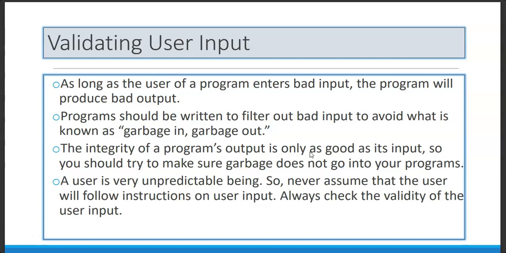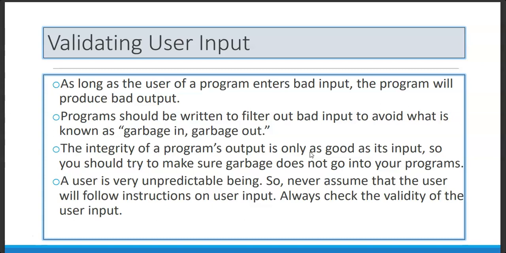When we ask the user to enter something, we may want our program to be checking if that user has entered that thing correctly. Maybe we are asking a user to enter a grade. So our range of grades maybe is from 0 to 100. But we cannot control what the user is going to enter. A user may want to enter 200. 200 is not an acceptable number.